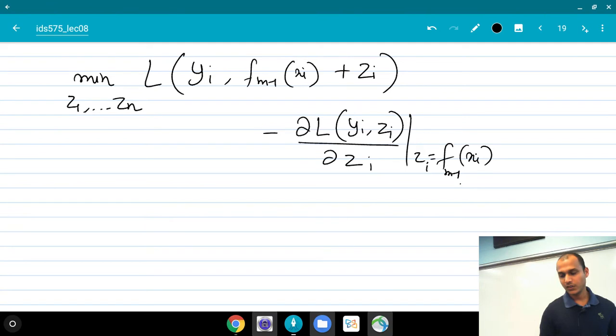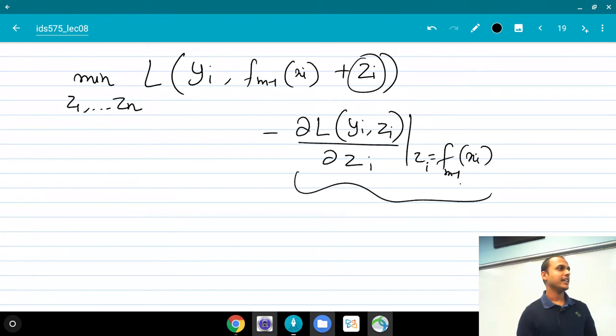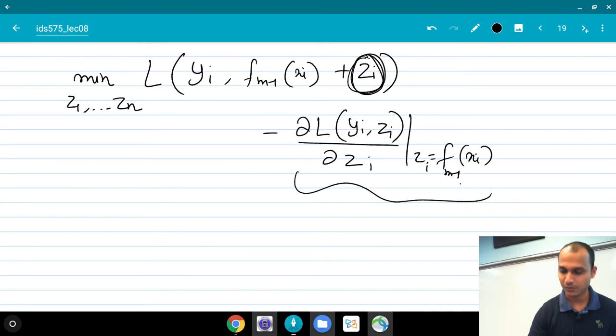So this term is supposed to be the output of my tree model. If I want to add the tree in the mth stage, that tree is going to make a prediction. That prediction is what the zi should be for the ith observation.